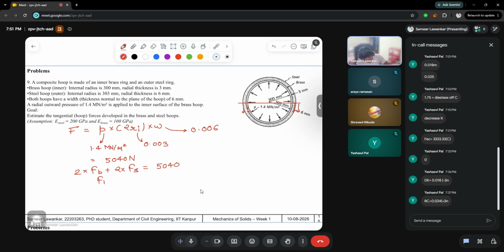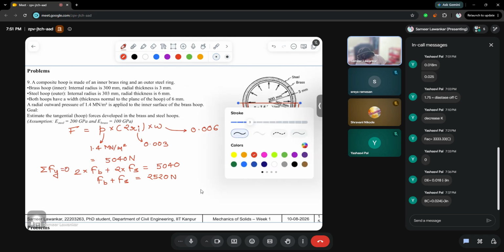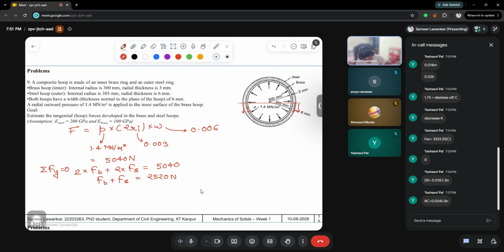Therefore, Fb plus Fs is equal to 2520 newtons. How did I get this? This is summation Fy equal to 0 at this section. So this is equation number 1.